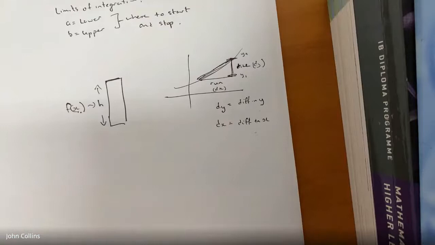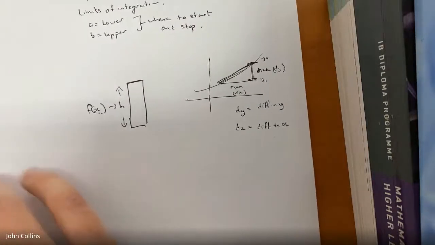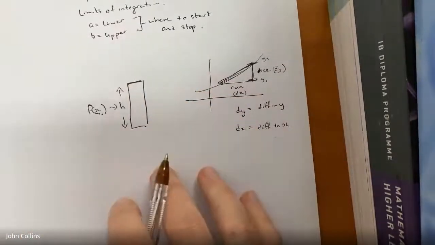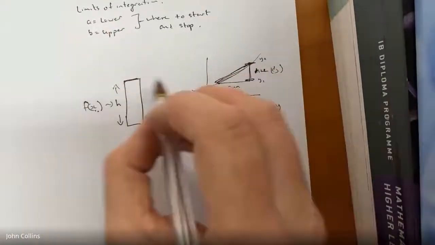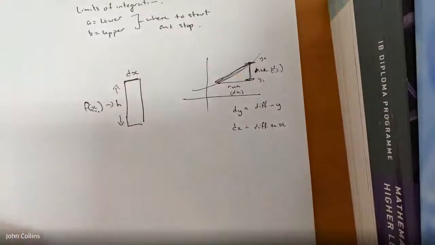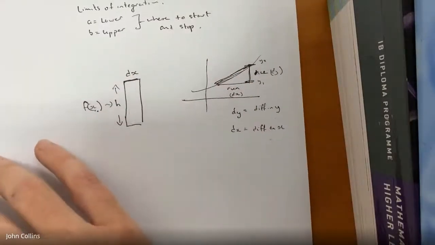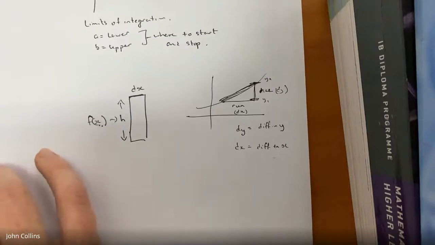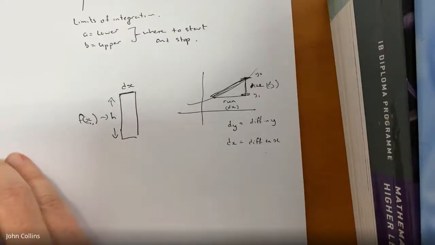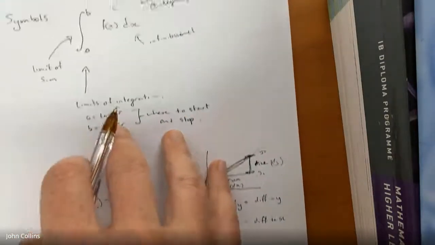So as they got smaller and smaller and smaller, that is how we worked out the slope. And it's kind of the same thing here. Now it's not exactly the same, and I'll explain that on the next page. But dx, you need to think about why it's there: it is the width of that triangle as it gets smaller and smaller. Okay, so hopefully that explains.